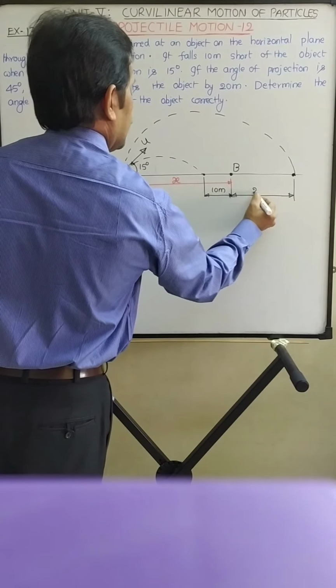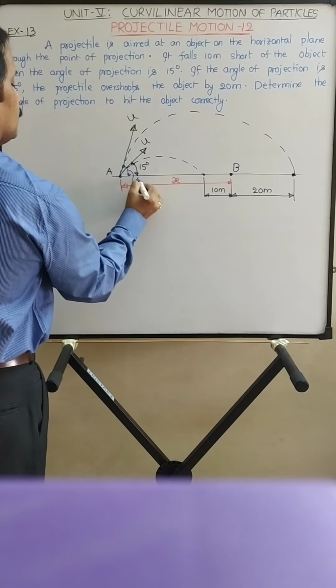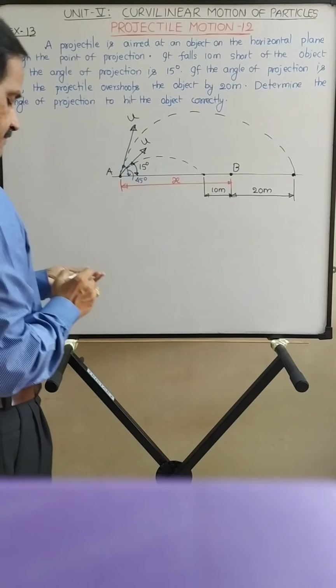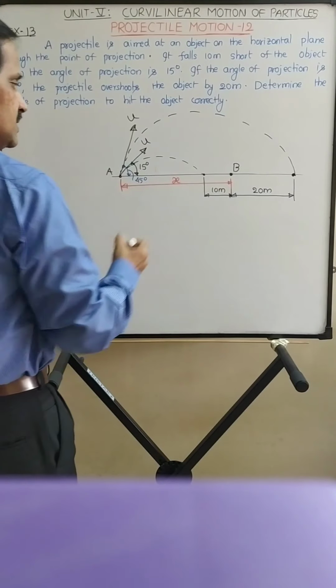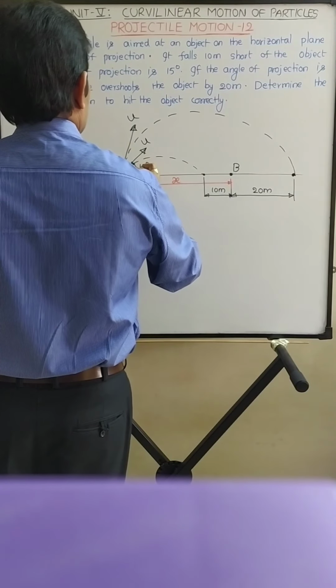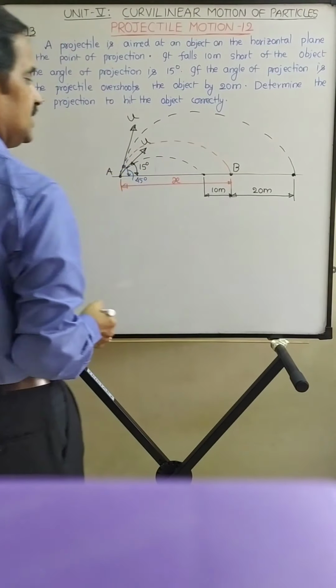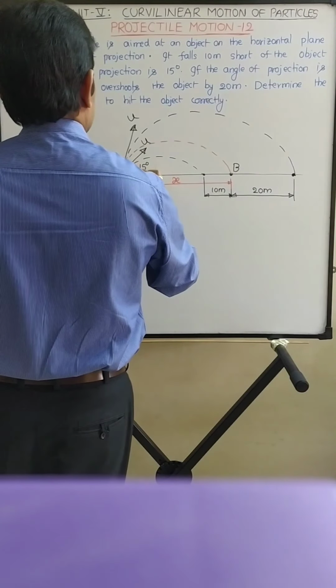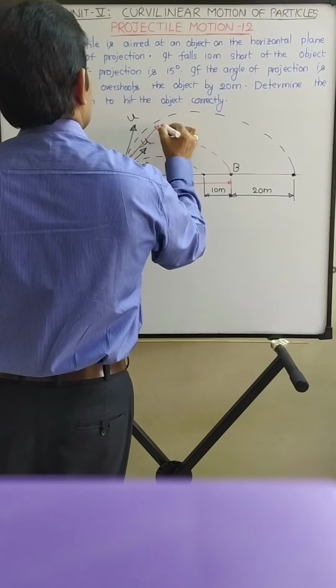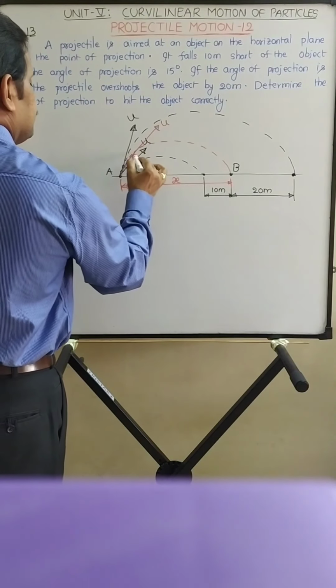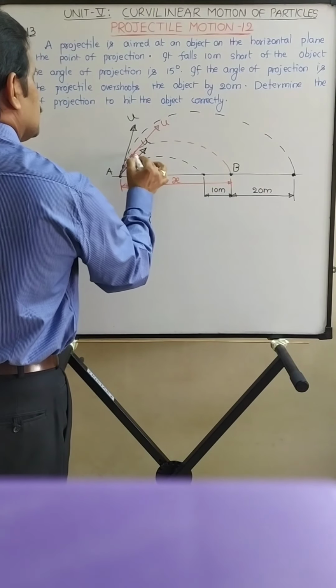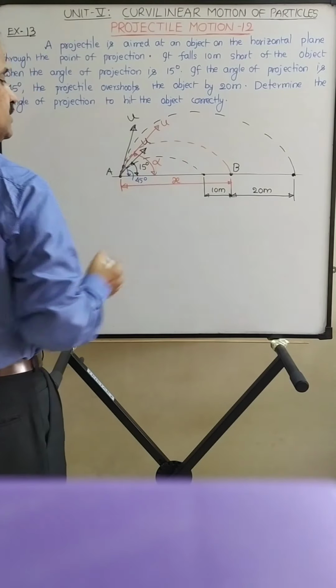Here again the initial velocity u is the same, and the angle of projection is 45 degrees. Now you have to find the correct angle of projection so that it can hit the target, again with the same velocity. So the angle of projection alpha is to be found.